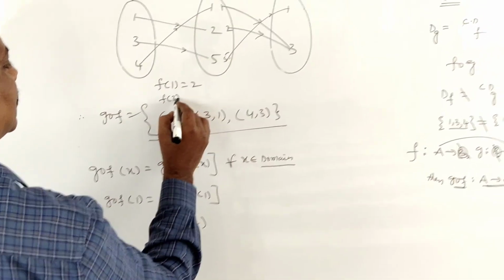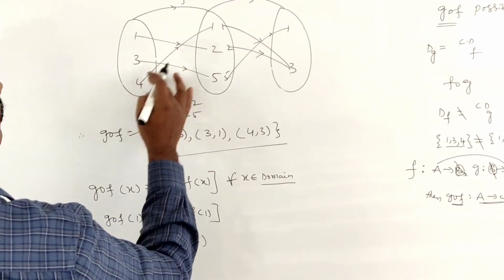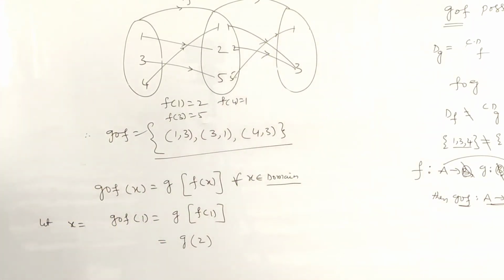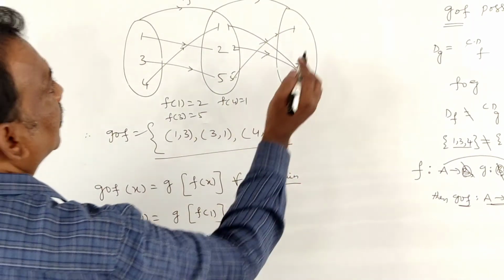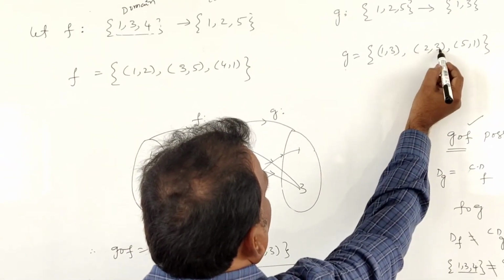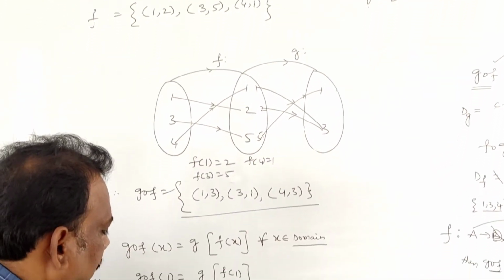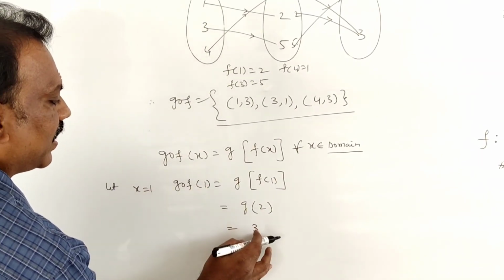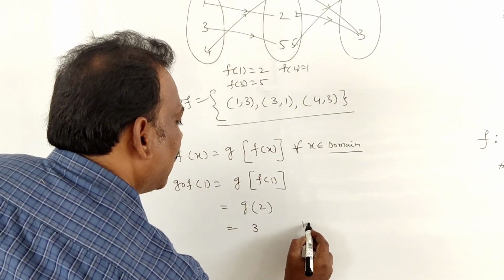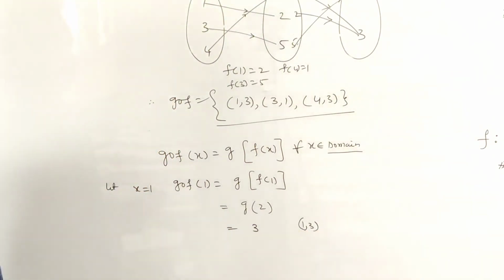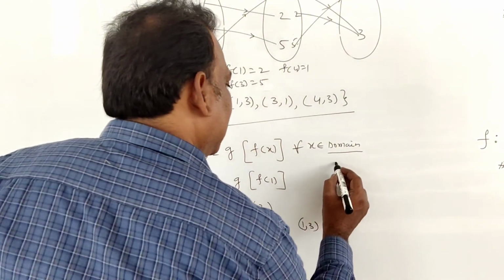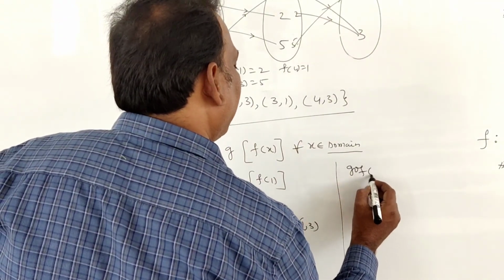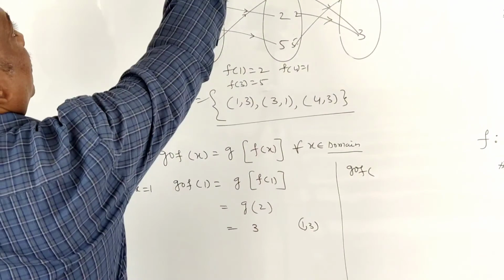Correct, students? Next, F of 4 is 1. Right. Now what is G of 2? See that in function G, 2 maps to 3. So taking x equal to 1, you get 3. So (1, 3) is one ordered pair. Right.